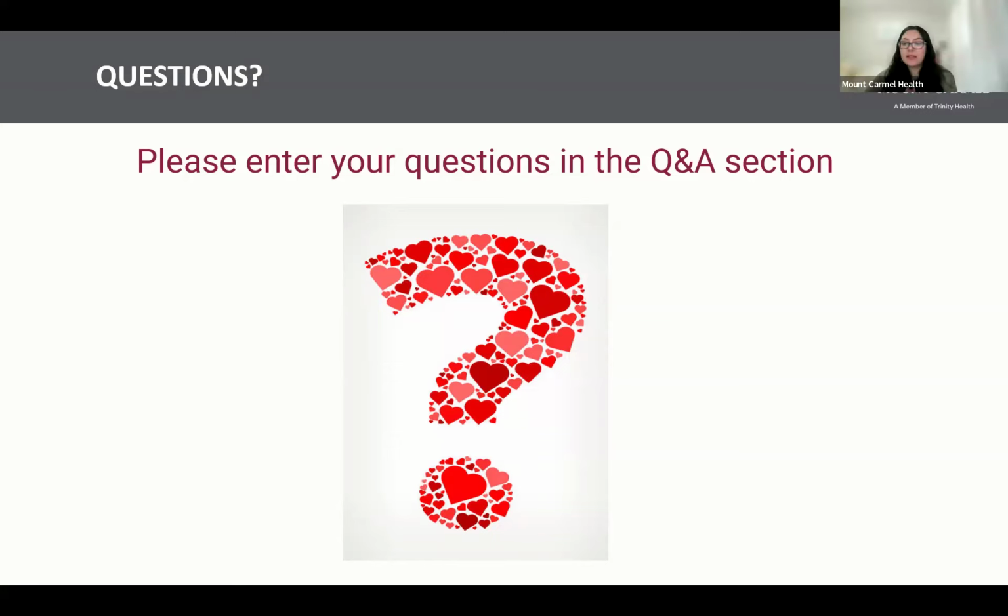Got it. The last question here that I'm seeing has to do with primary care. They're asking if they need to ask their primary care physician to get tested for it, or is that something that they can tell during a regular annual physical? So most primary care physicians should be listening to the heart a lot, and what we're looking for is any type of murmur. As the aortic valve stenosis progresses, we'll hear more and more of a murmur.